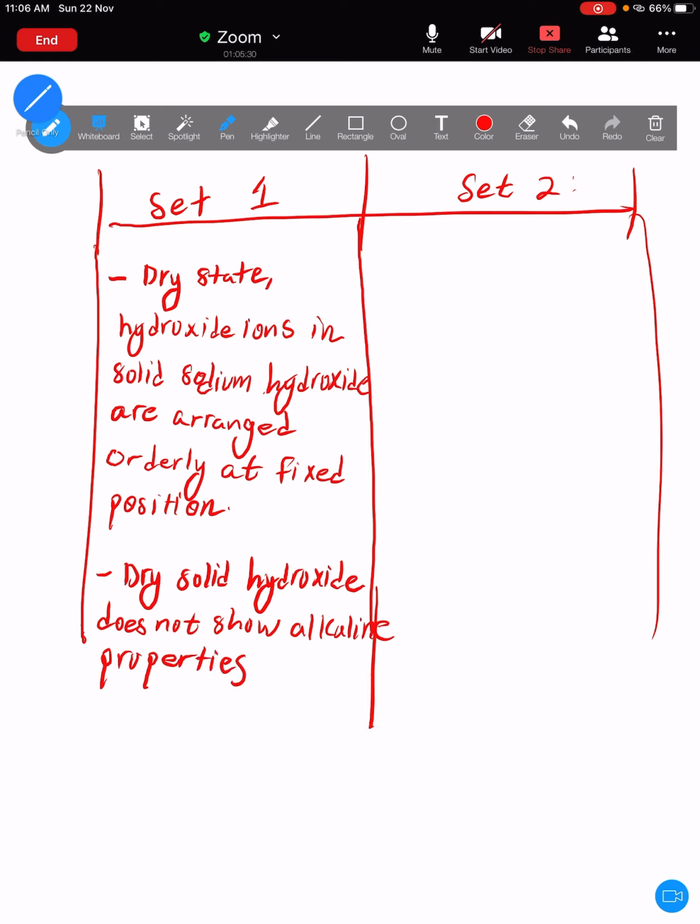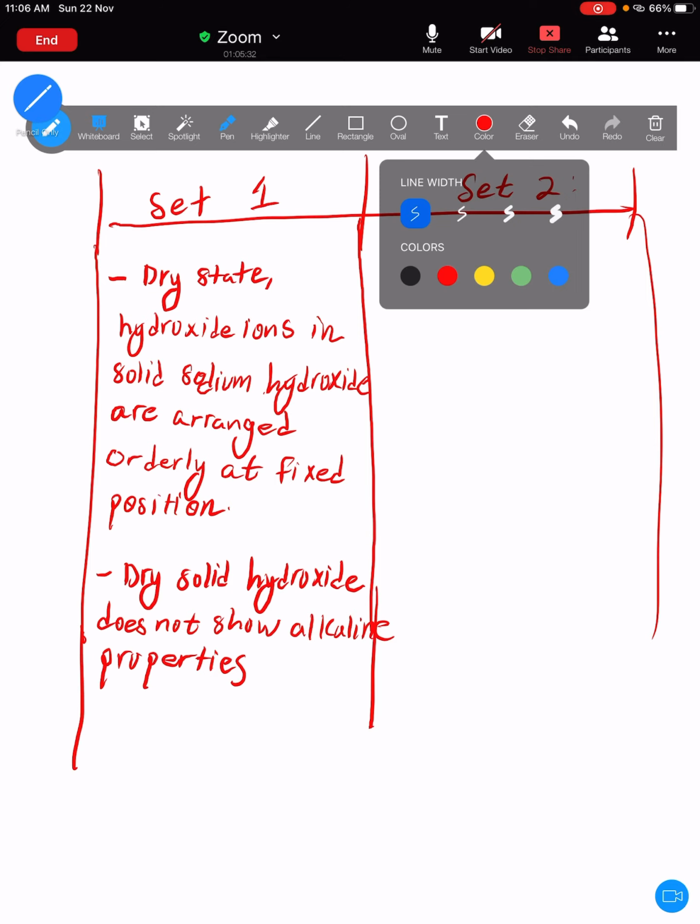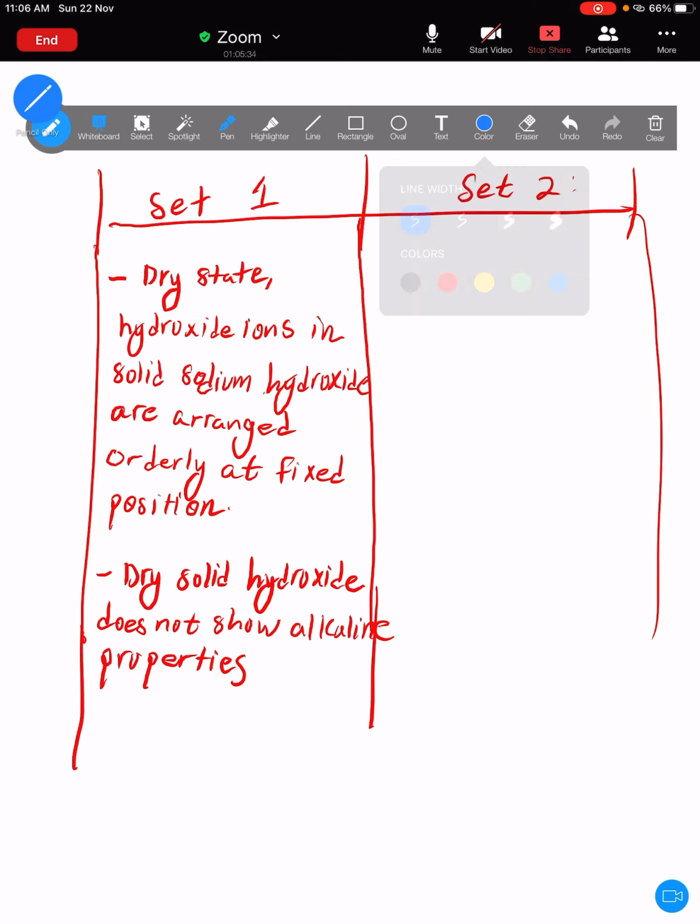Okay. On the other hand, more or less dia akan tukar-tukar sikit je lah ayat dia. So how to put it?